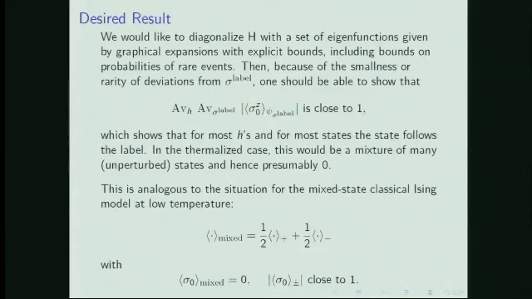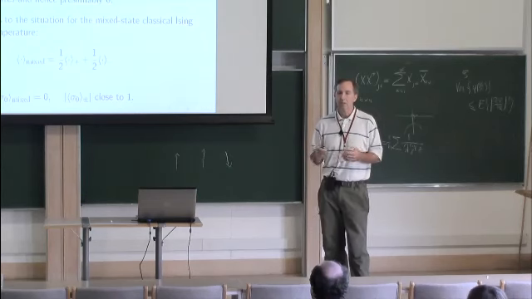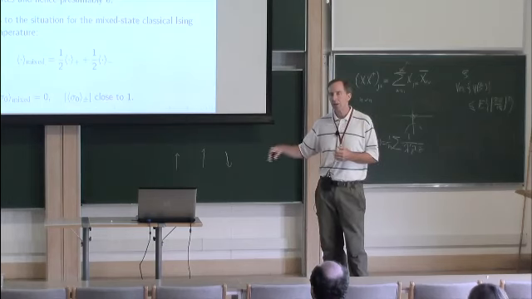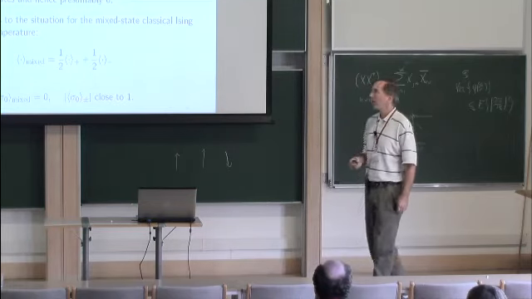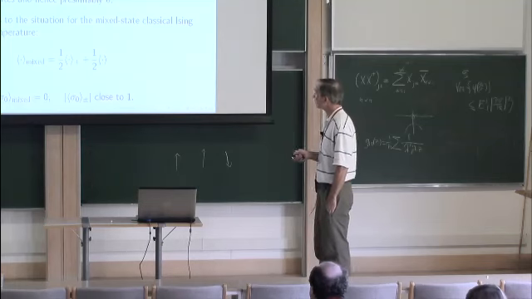Bounds not only on the size of the eigenfunction, but also on the probabilities that are relevant, because just as in the ordinary Anderson model, you have resonant regions whose diameters are random. So the distance you need to go in order to obtain localization, exponential decay, is actually a random quantity. So you have to have good control probabilistically as well as quantitatively on the size of the eigenfunctions.